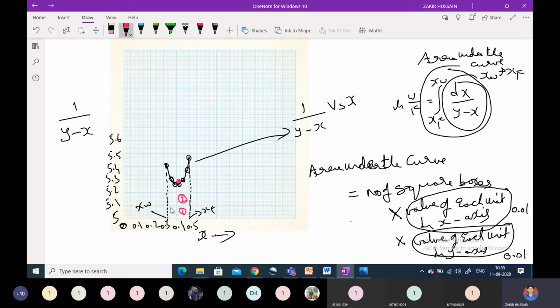We can assume this and this along with this one, all the shaded portion, as 3.